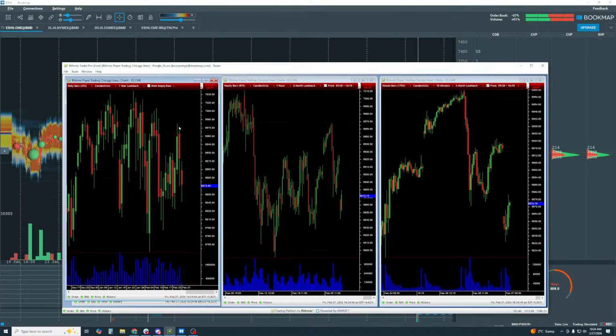Okay, but look at the context in here. Okay, we don't find buyers take it. They take it back up here and kind of revisit this area, but not back up into these, the meat of all that selling up in here. Okay, these wicks up in here. All right, so this does not bode well, especially if the follow through the next few days is to the downside, which it is.